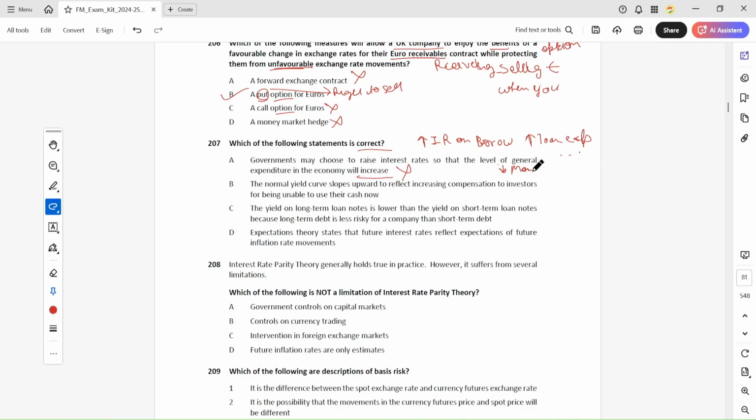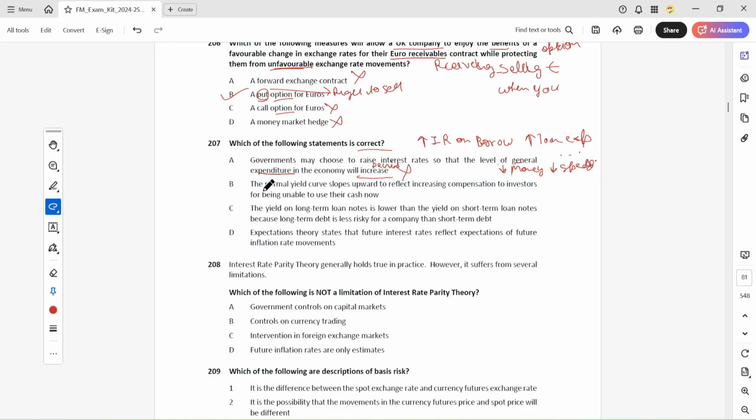Less money in the hands of people means less spending power. Okay, so expenditure in the economy will decrease, right?